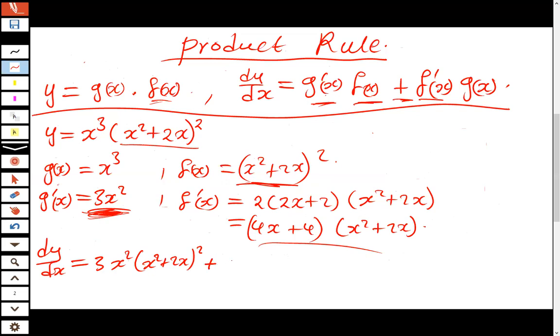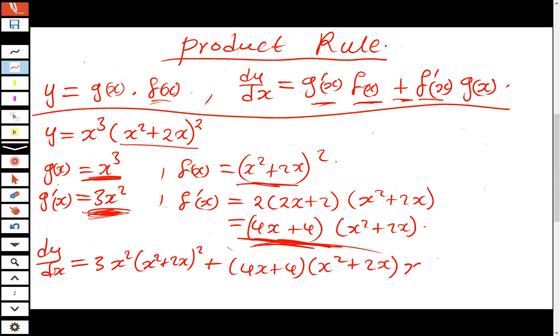Then we say plus, we multiply f prime of x, which is just this expression here. So I'm going to multiply this expression with g of x. So my g of x is x to the power 3.